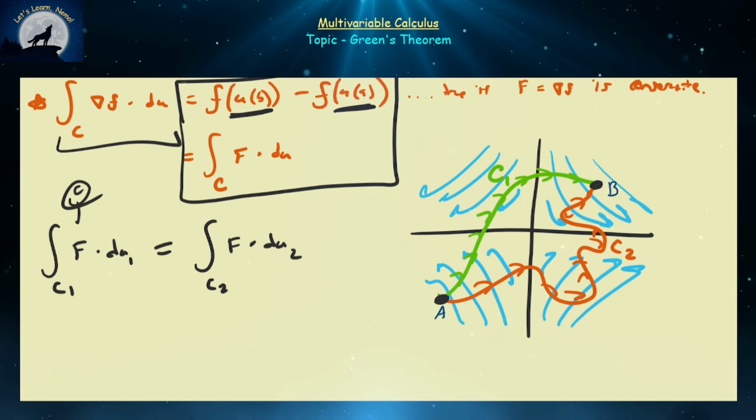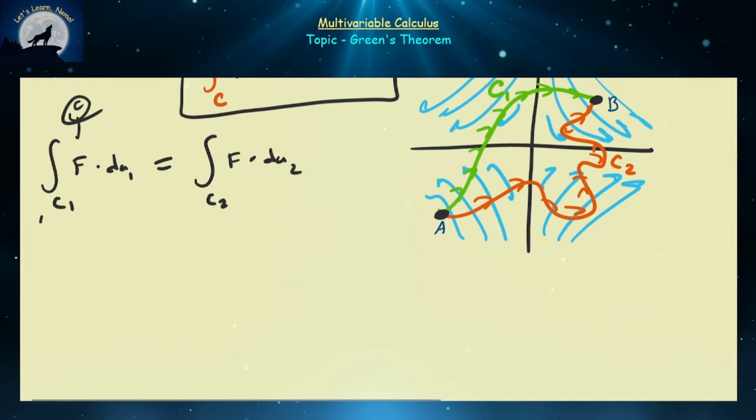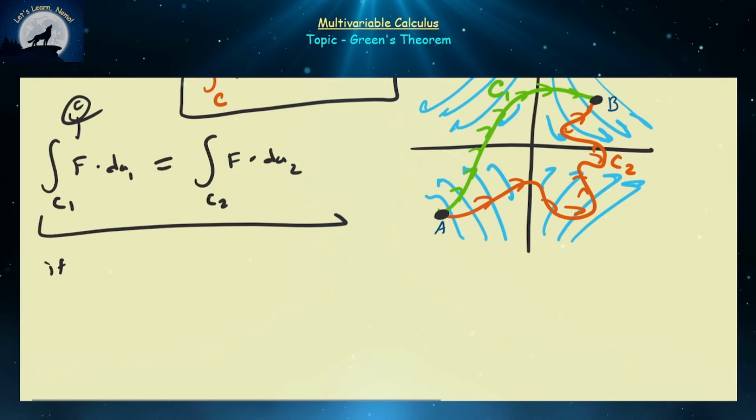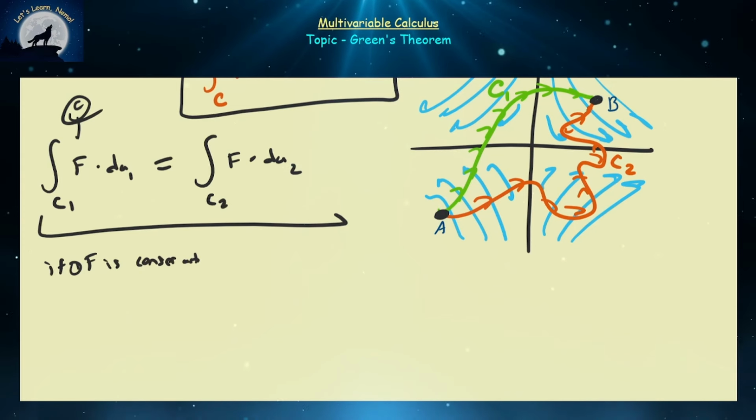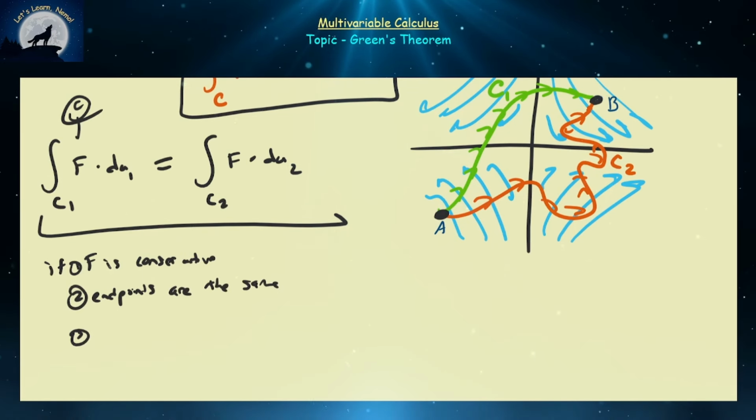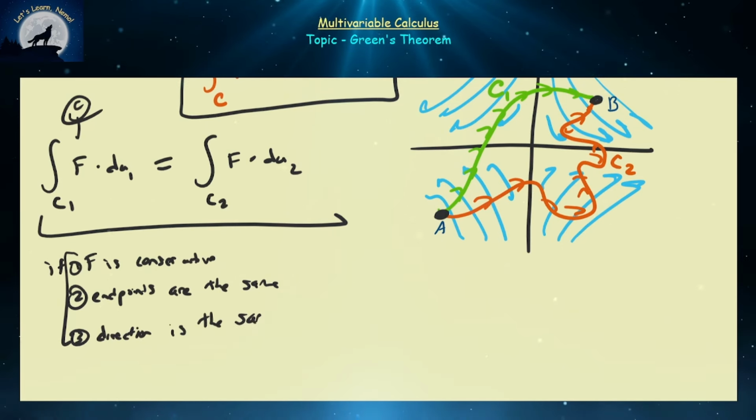And also the direction has to be the same as well, right? So therefore, this will be true if 1, F is conservative, 2, the endpoints are the same, and 3, the direction or the orientation of the parametrization, so the direction of the path, is also the same.